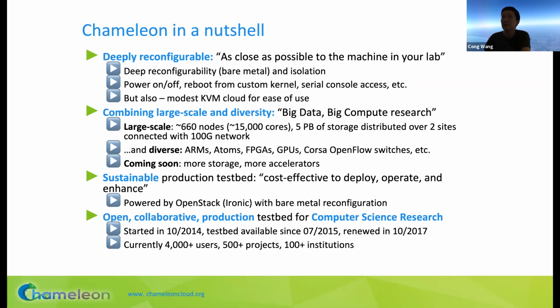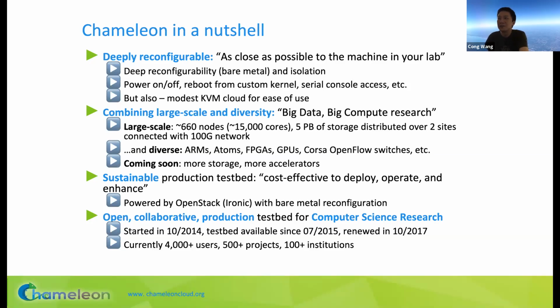Chameleon also provides KVM clouds for ease of use if you prefer VMs. And Chameleon combines large scale and diversity. That means it's a big data and big compute research testbed for users.